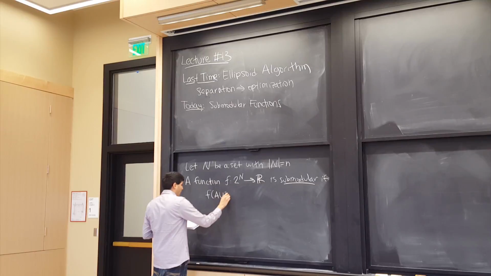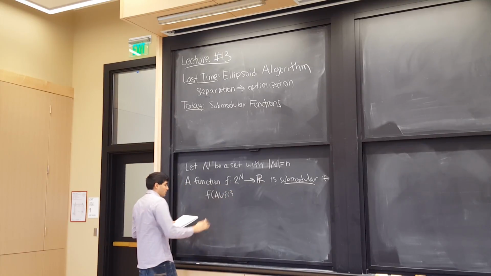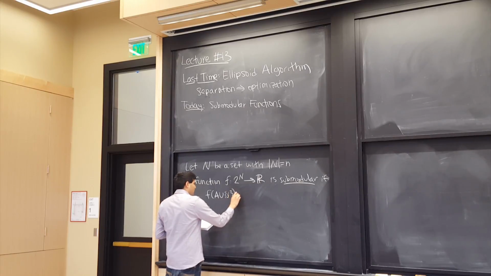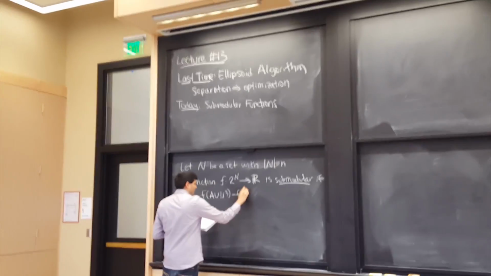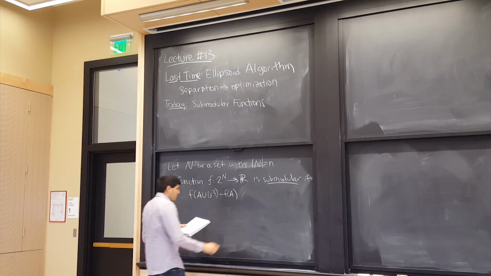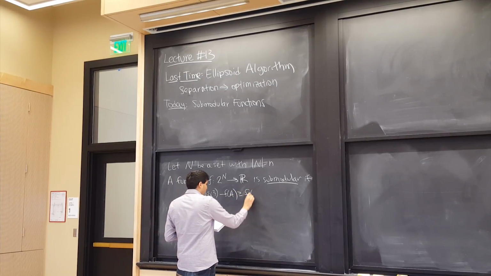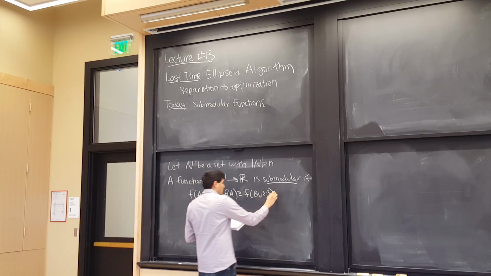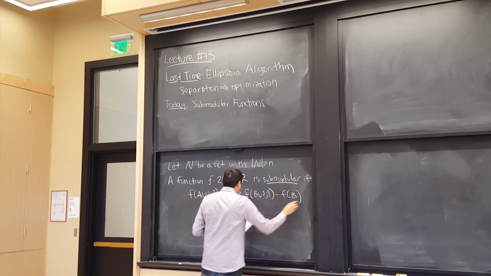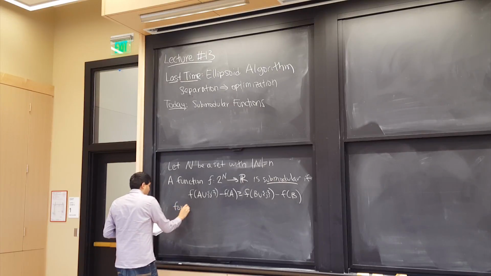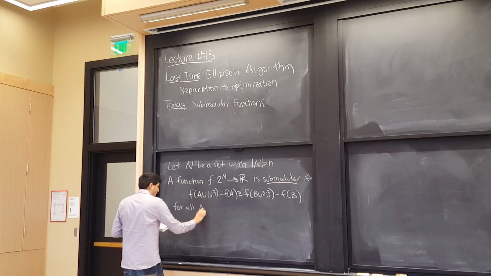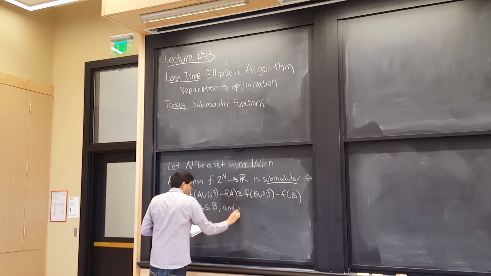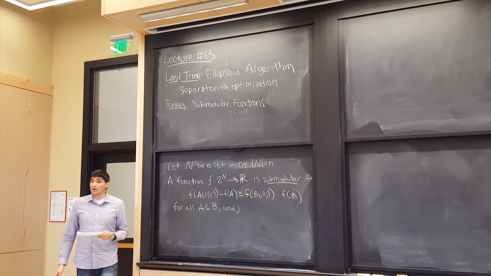If I take a set A and add in an element j into the set, and I look at how much that changes its value from what it used to be, well, that'll be at least what the value changes when we do it for a set B instead. For all different pairs of sets where A is contained within B, and for all different choices of which element j you want to do.